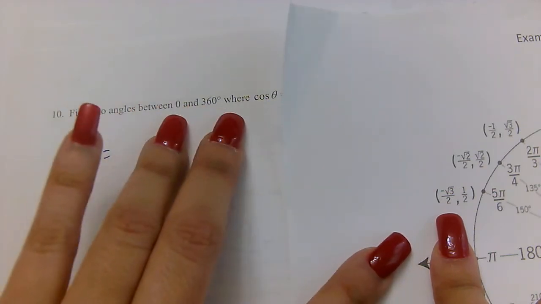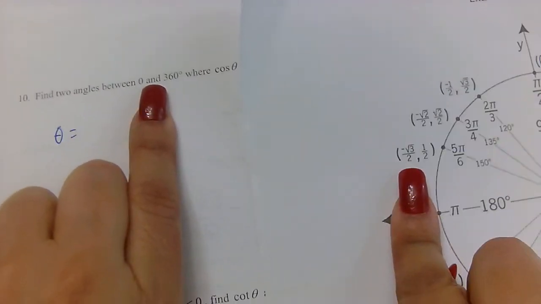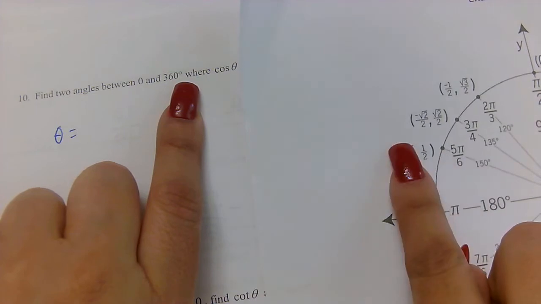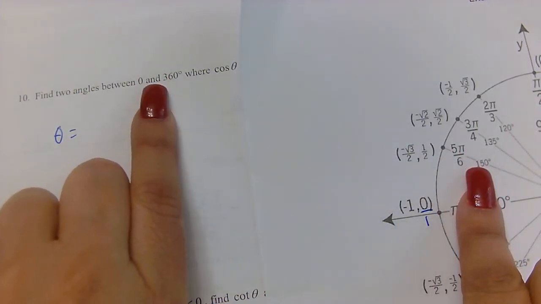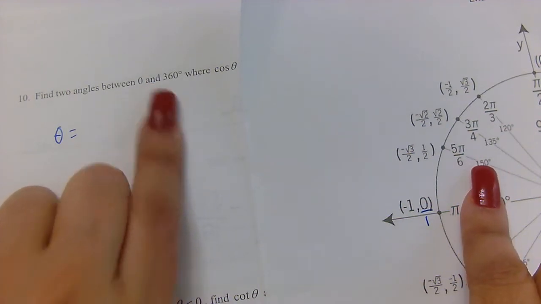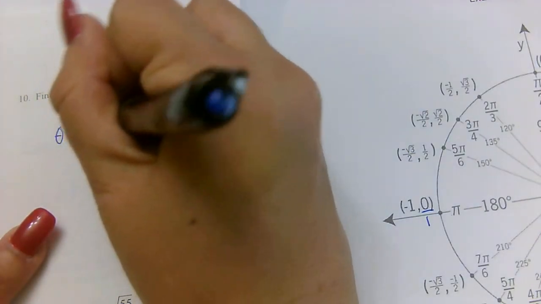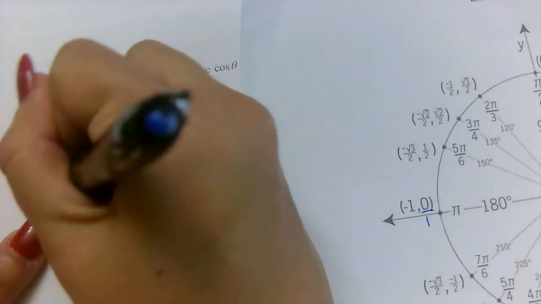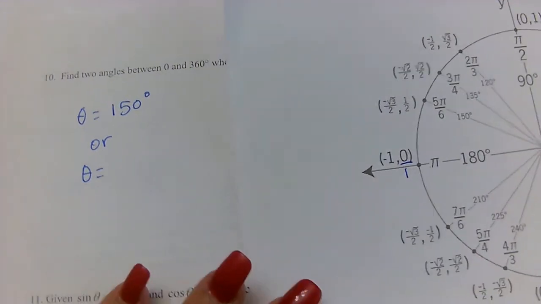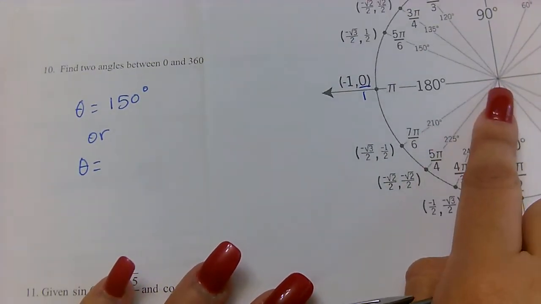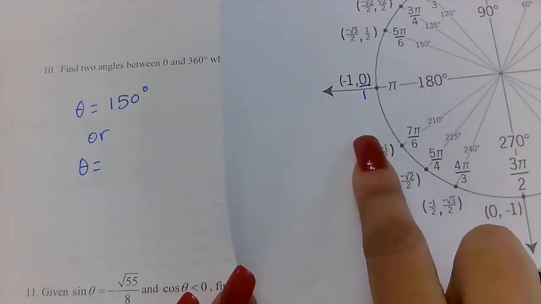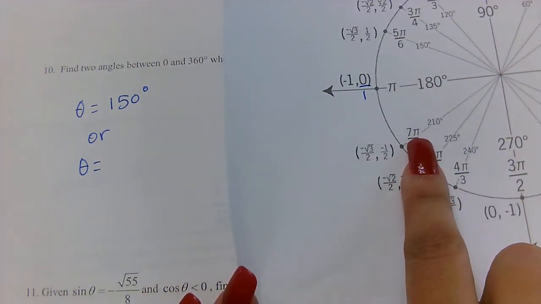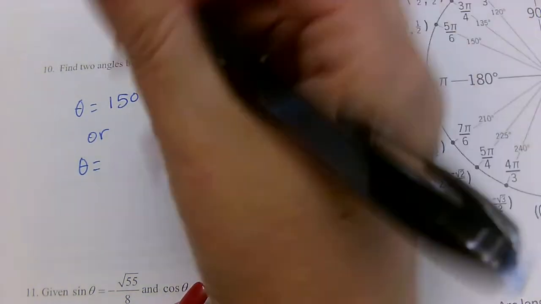Well, it's right here. Over here, it's telling us it needs to be in degrees. So when we're choosing which one we use, we have to go with the information that is given. If it's asking us for degrees, we're going to say theta can be 150 degrees. Or theta can equal, well, let's go to quadrant 3, where cosine is also negative, and we're going to say it can also equal 210 degrees.